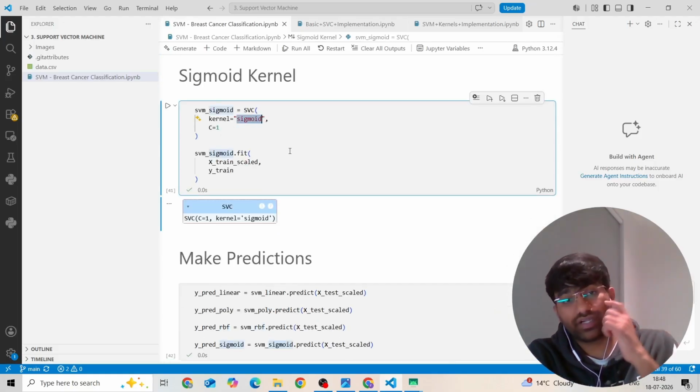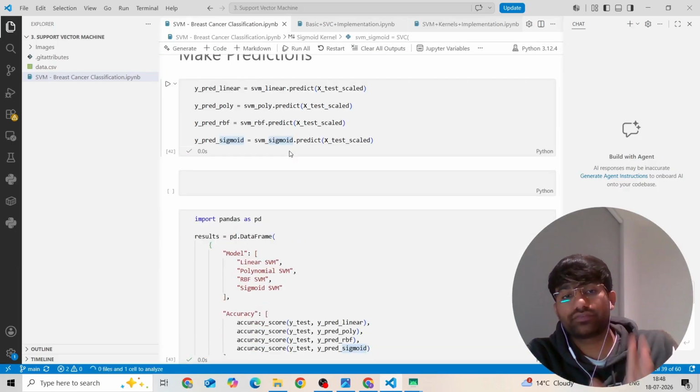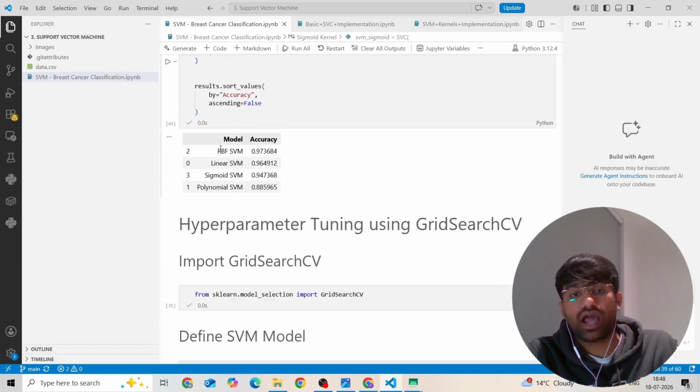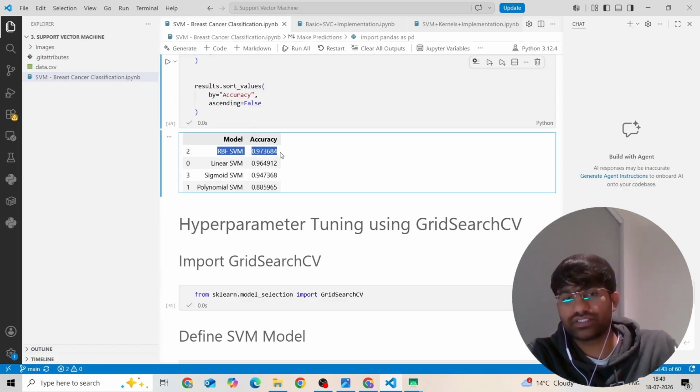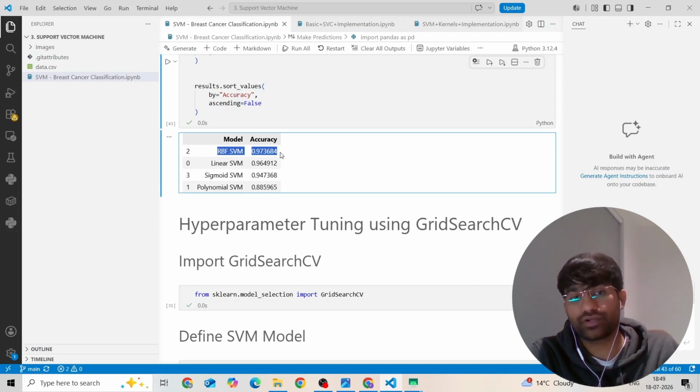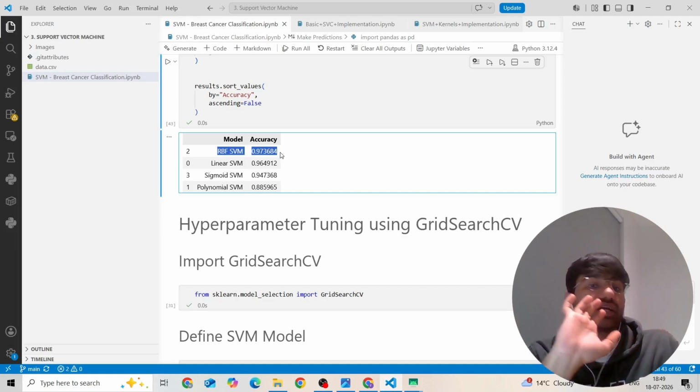After training the SVM model with different kernels, I got the RBF support vector machine with high accuracy, that is 97%. So RBF is a good kernel. I can say RBF is the kernel I would prefer. So this is how you have to use the kernel.